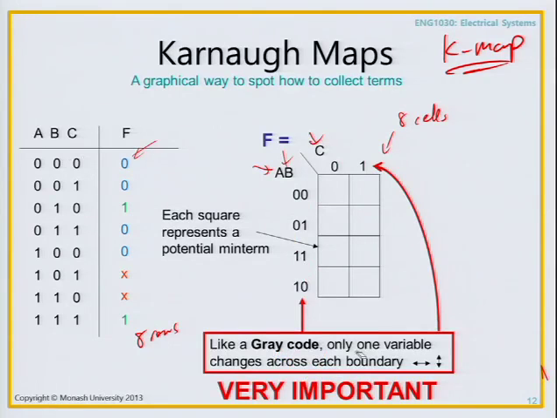So this first row of the truth table fits into here: A equals 0, B equals 0, C equals 0. Is that clear? You just look at what the input is, look at the corresponding input, and put in the output that comes from the truth table.